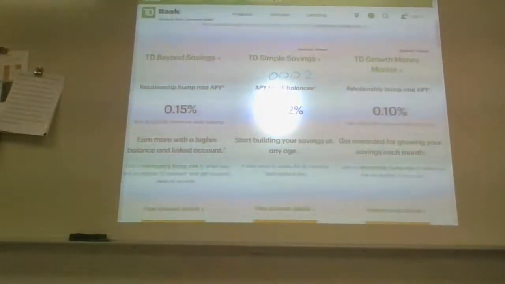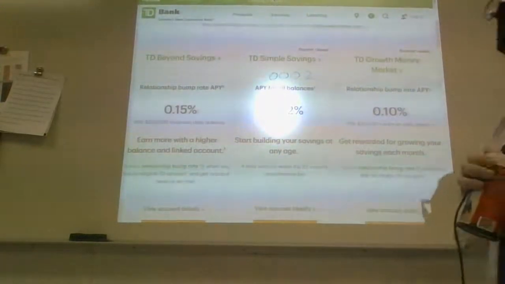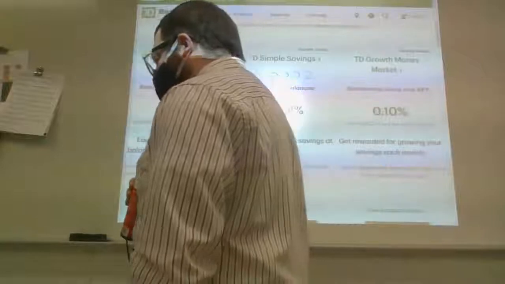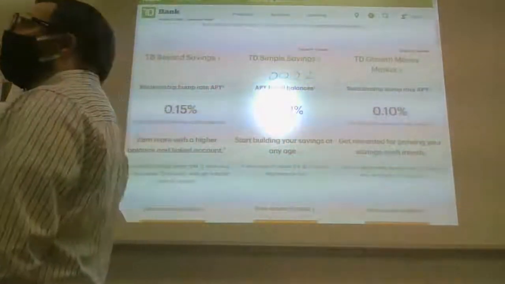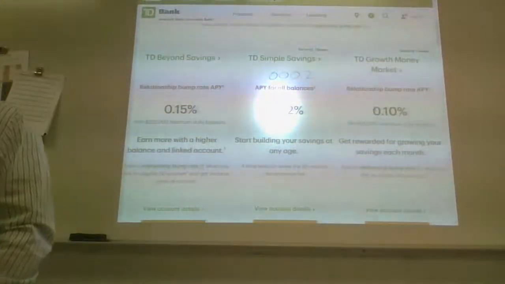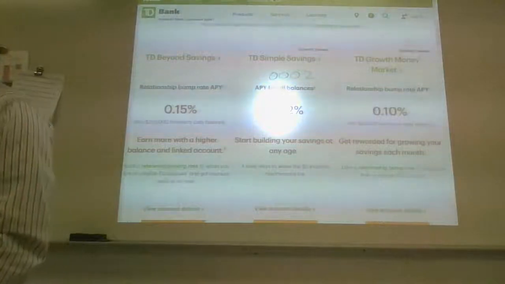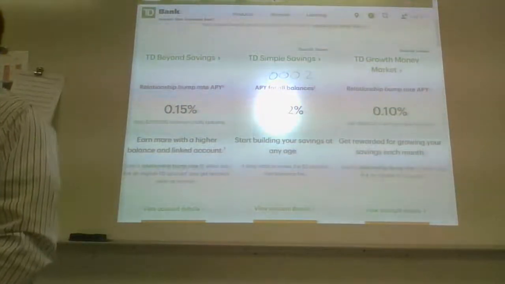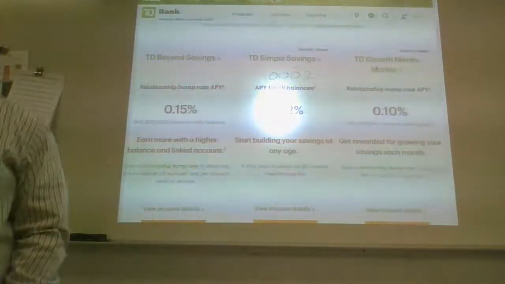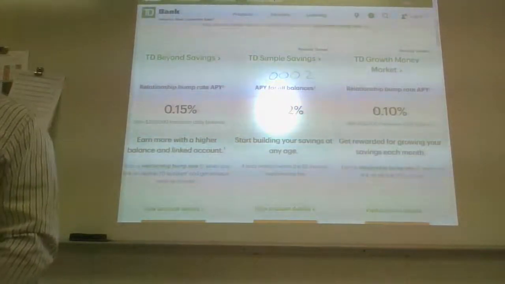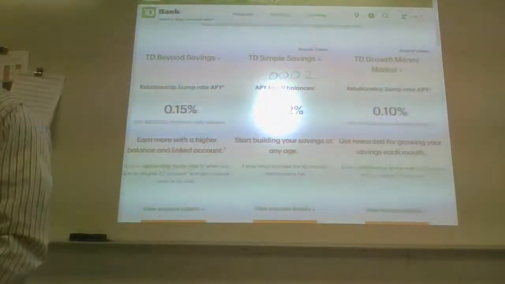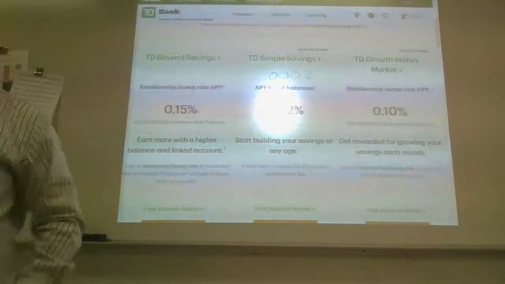When banks calculate their interest, yes, they use compounding to figure it out. However, they do not advertise how often they compound. They don't advertise that to the general public. You know why? Because they believe that the general public are morons. They do.